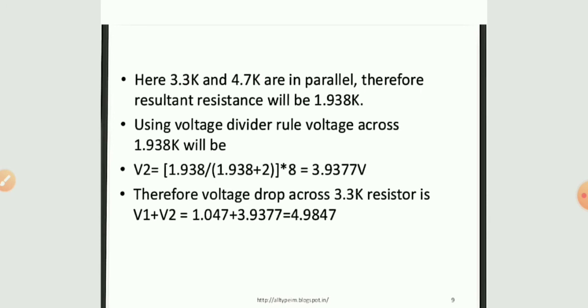It means we remove all voltage sources by short circuiting and all current sources by open circuiting, except only one source which we have to consider. After that, we find voltage or current in the particular circuit.